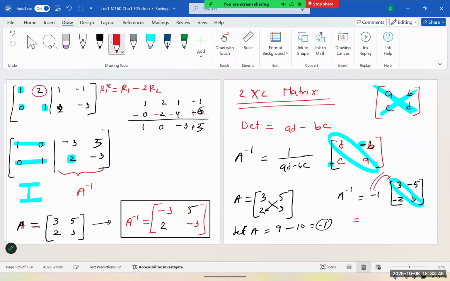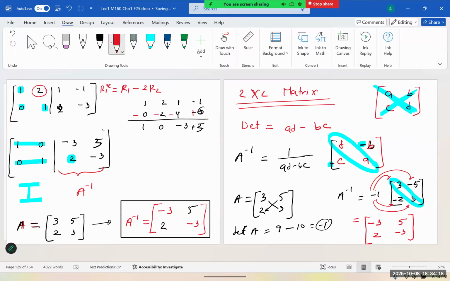When you multiply by a constant, it means you're multiplying every element by the constant. So we get -3, +5, +2, -3 on the second row. The first row from 3/5 turns into -3/5. The second row from 2/3 turns into 2, -3. And that's how I knew that I'm supposed to have 5 in my inverse. I cannot have double 2.